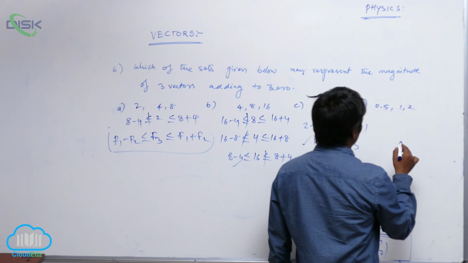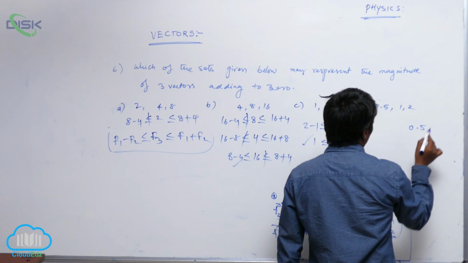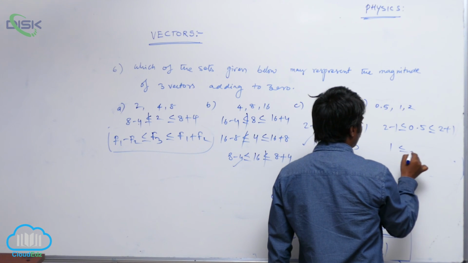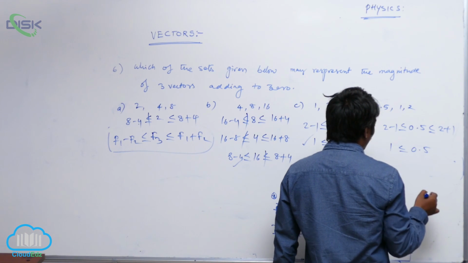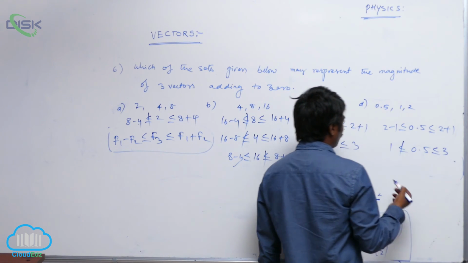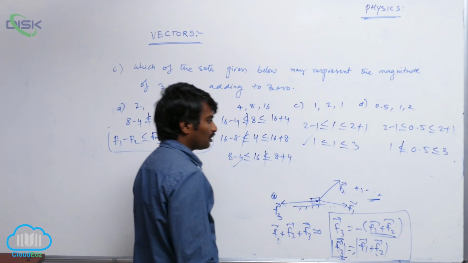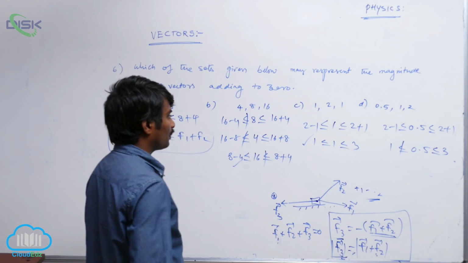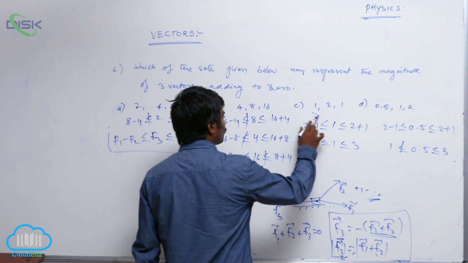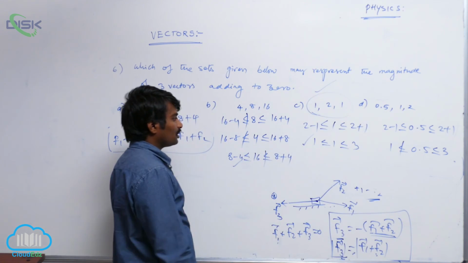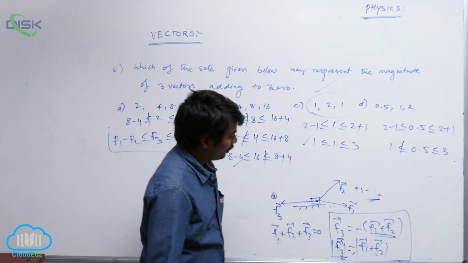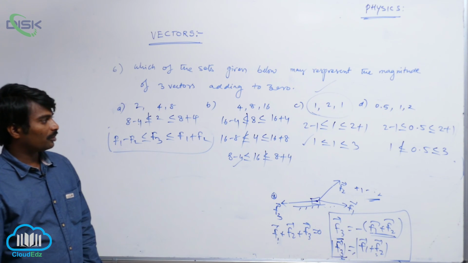Now let us take this 0.5, 2 plus 1, 2 minus 1, so 1 less than or equal to 0.5. This is not satisfied. That's why this is also not a possible set of forces for which there is a possibility to give 0 value. But for this set of forces, there is a possibility to get 0 value if we apply them at proper angles in proper directions.